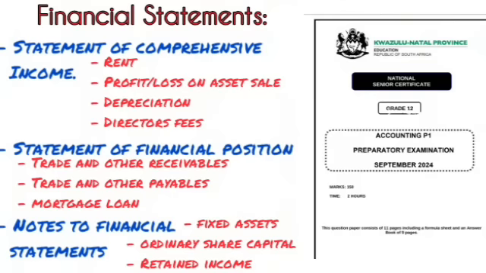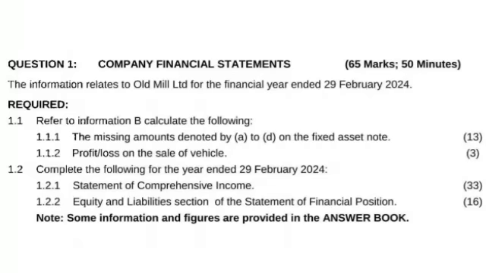Every other note that you could ever have is much simpler than this. So if you make sure that you master these three, then you will be well prepared for your exam. The calculations to most of these line items are covered as individual videos on this channel, so make sure you find them and go through them to help you prepare.